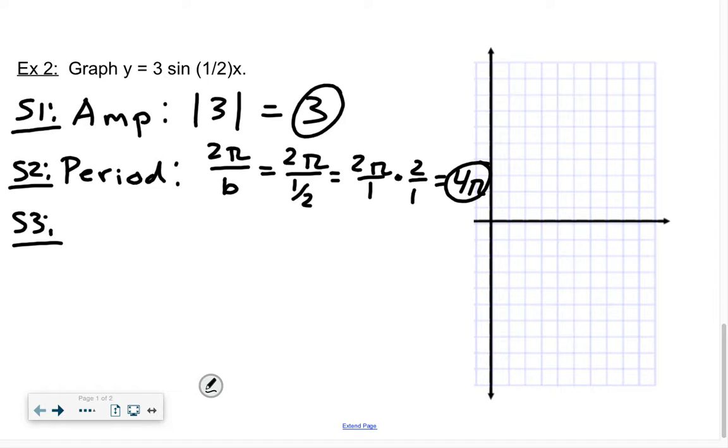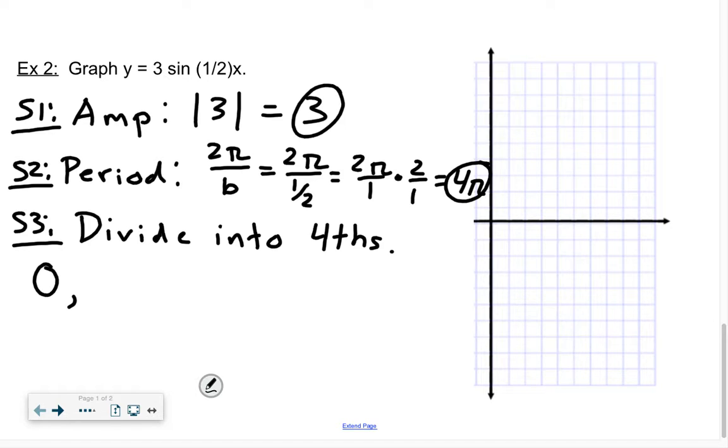Step 3, we need to divide the period into four. We start at 0, and then we end with whatever our period is. In this case, our period happened to be 4 pi.